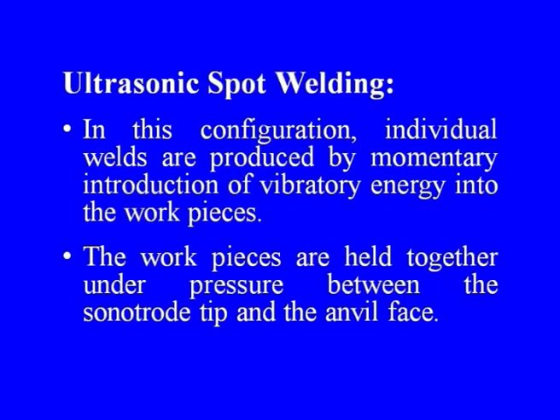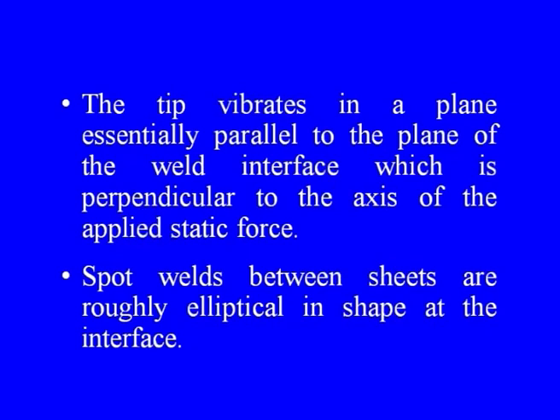In this configuration, individual welds are produced by momentary introduction of vibratory energy into the workpieces. The workpieces are held together under pressure between the sonotrode tip and the anvil face. The tip vibrates in a plane essentially parallel to the plane of the weld interface, which is perpendicular to the axis of the applied static force.